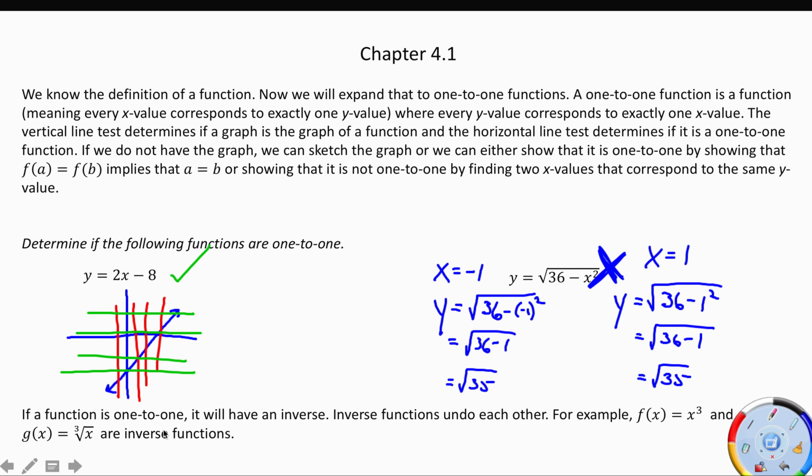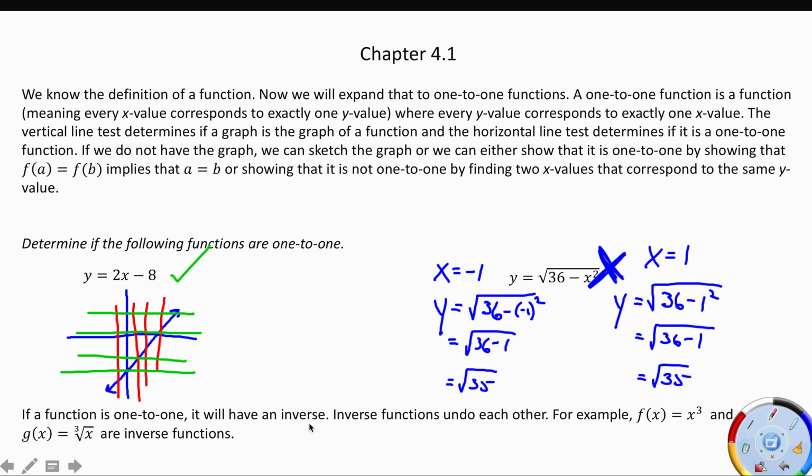If a function is one-to-one, however, it will have an inverse. Okay? If it is not one-to-one, it will not have an inverse. Inverse functions undo each other. For example, f of x equals x cubed and g of x equals cube root of x are inverse functions. They undo each other.